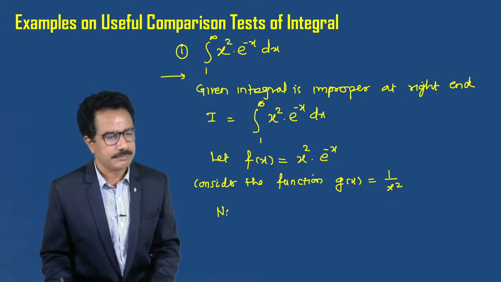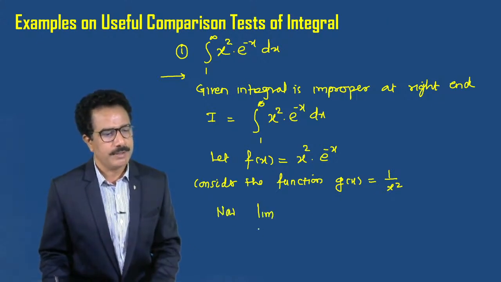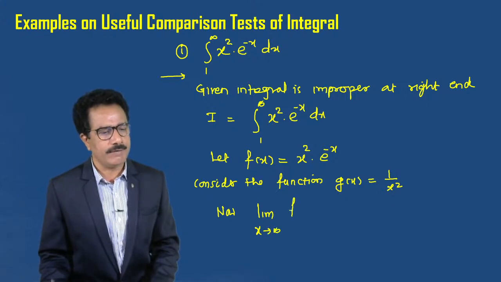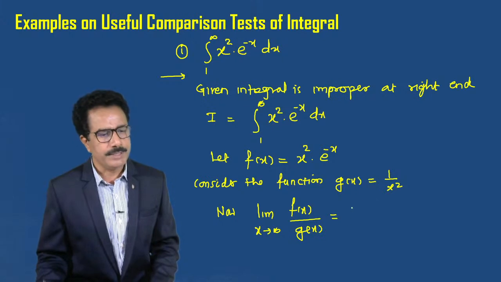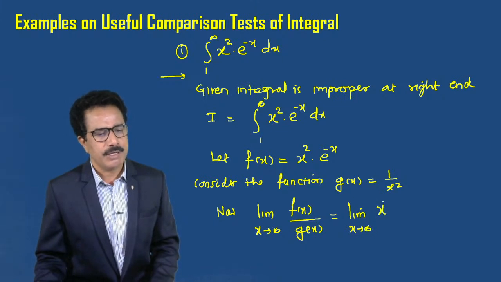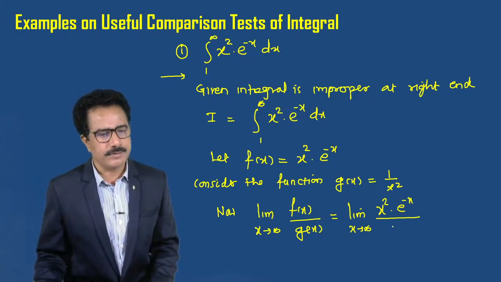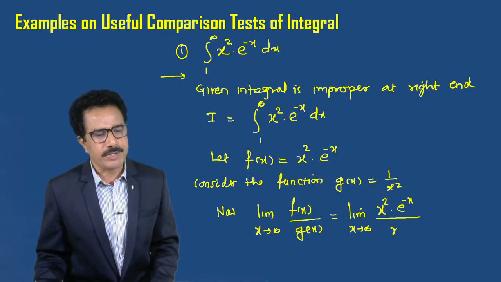Now the limit as x tends to infinity of f of x divided by g of x is equal to the limit as x tends to infinity of x square into e raised to minus x divided by 1 upon x square, that is e raised to minus x upon 1 upon x square.